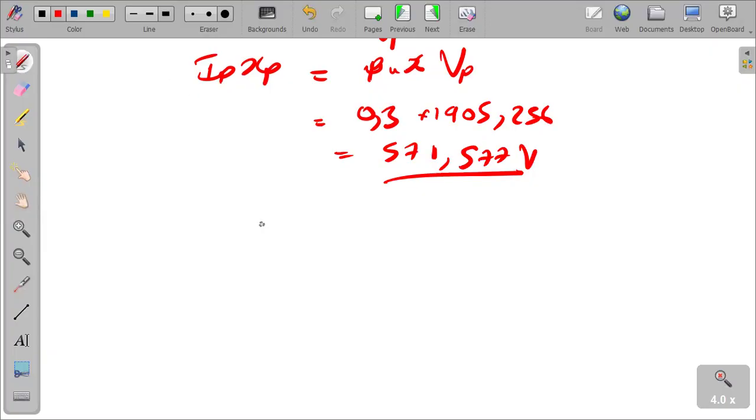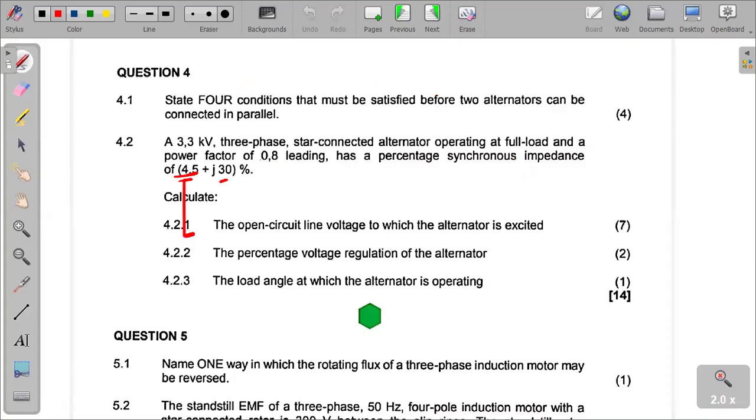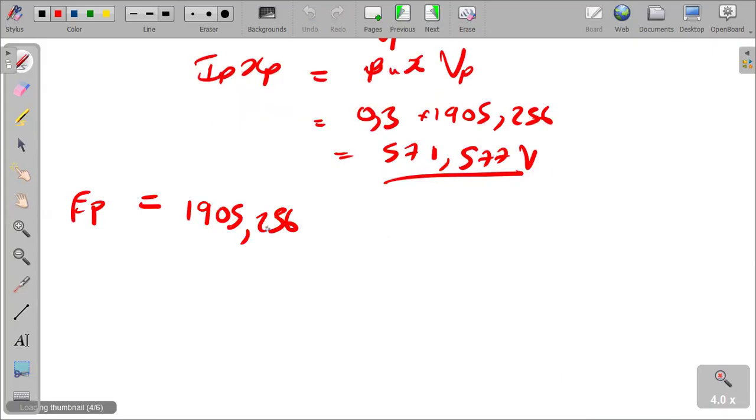So we then go now to our formula EP. EP is equal to 1,905.256. Now we had been told that the power factor is 0.8 leading, so when we present it here, we say 1,905.256 angle of negative 36.87.